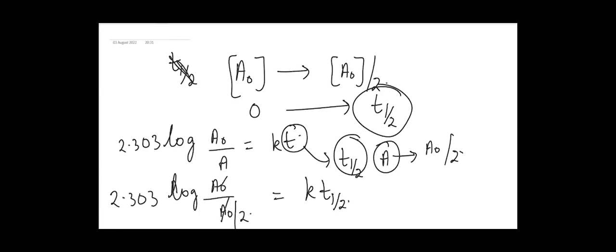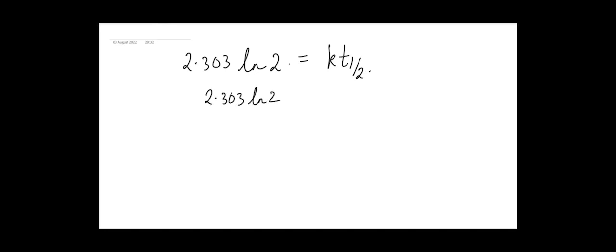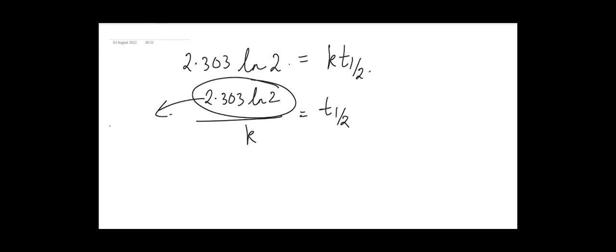So this a naught and this a naught will get cancelled, and finally we get 2.303 times natural logarithm of 2 is nothing but k times half-life. So 2.303 times ln 2 by k is nothing but half-life. So this 2.303 into ln 2 is nothing but 0.693.